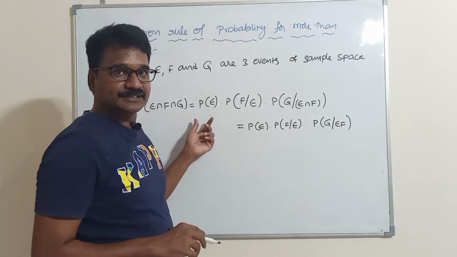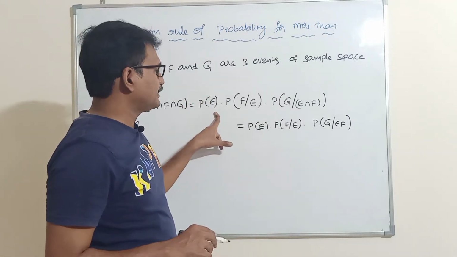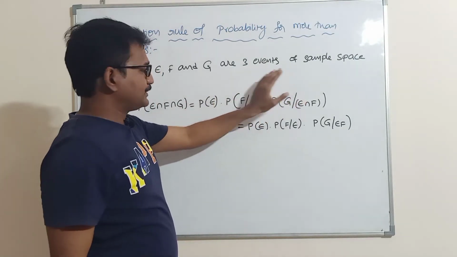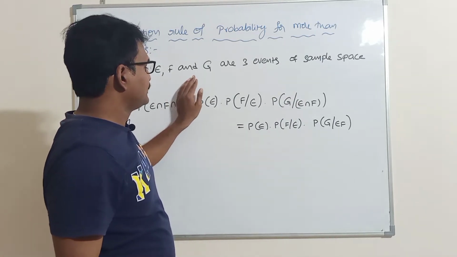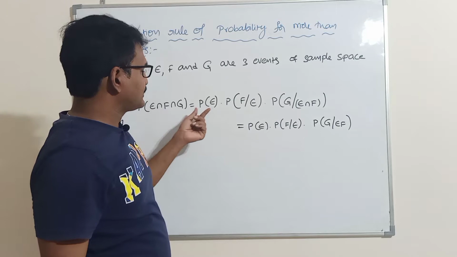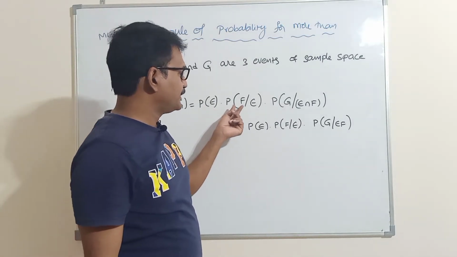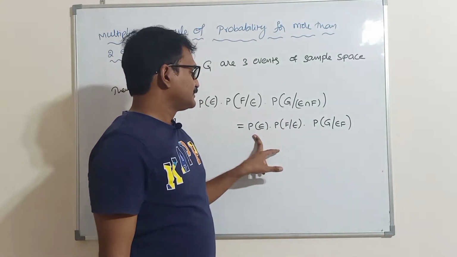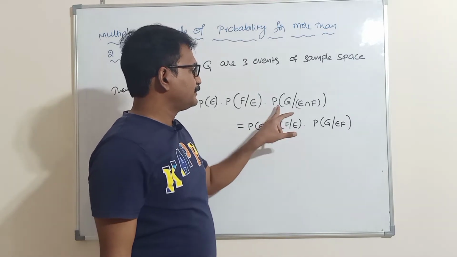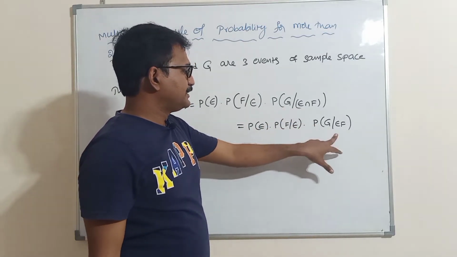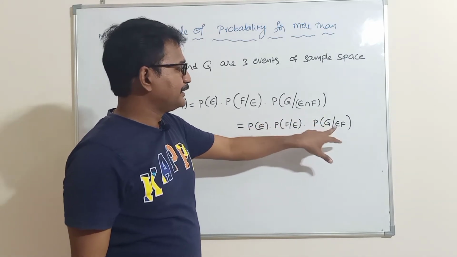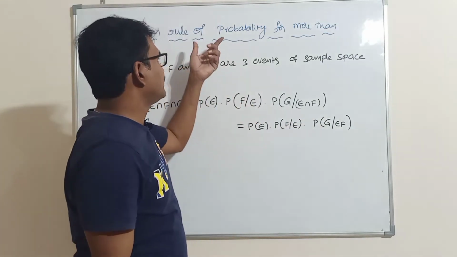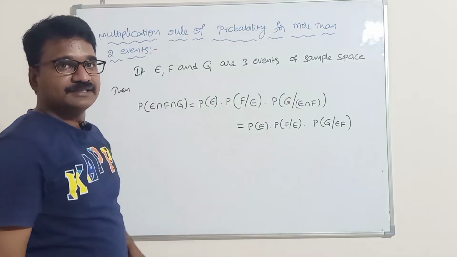For only two events, P of E intersection F is equal to P of E into P of F given E. But if three events are there, then P of E intersection F intersection G is equal to P of E into P of F given E into P of G given E intersection F. We can denote E intersection F as EF also. This is the formula for the multiplication theorem if three events are there.